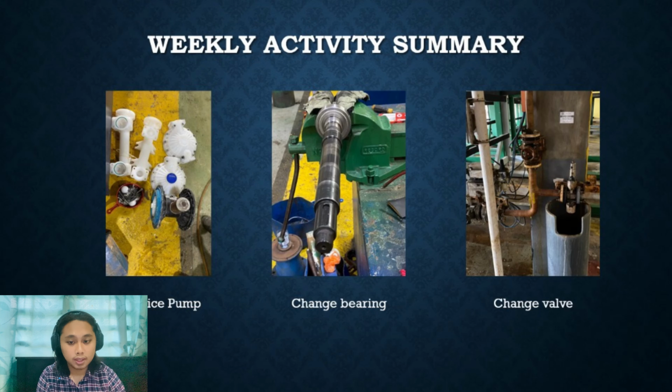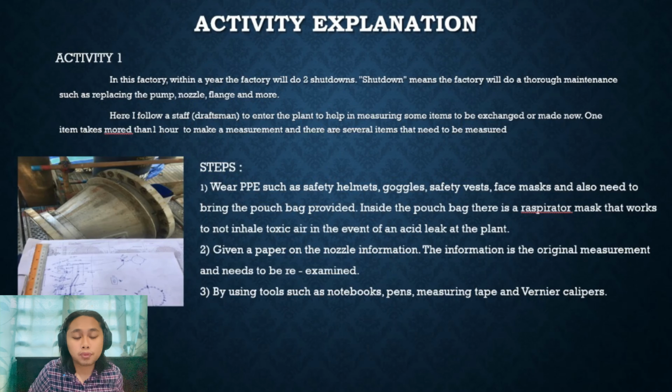Okay, so next is the activity explanation. Activity 1 is about measurement. In this factory, within a year, the factory will do 2 shutdowns. Shutdown means the factory will do thorough maintenance, such as replacing pump, nozzle, flange, and more.